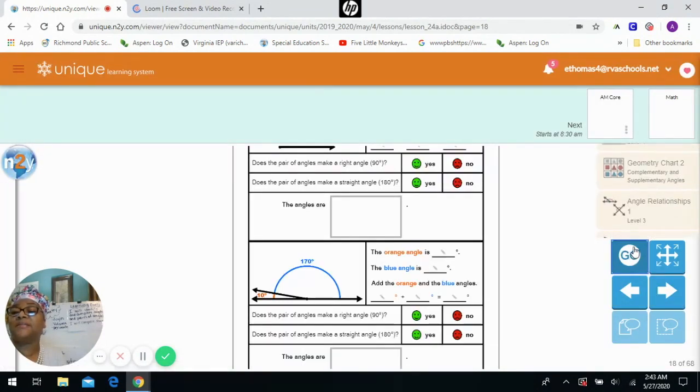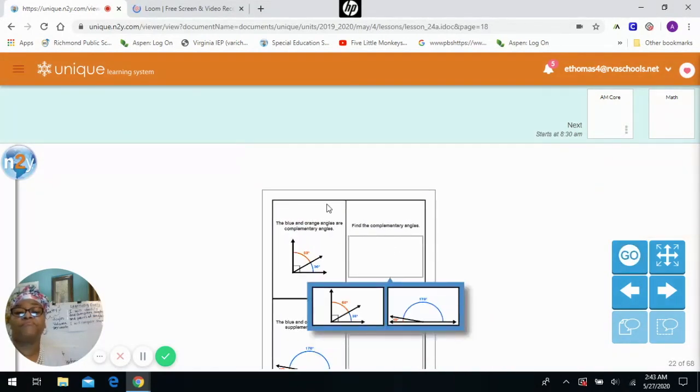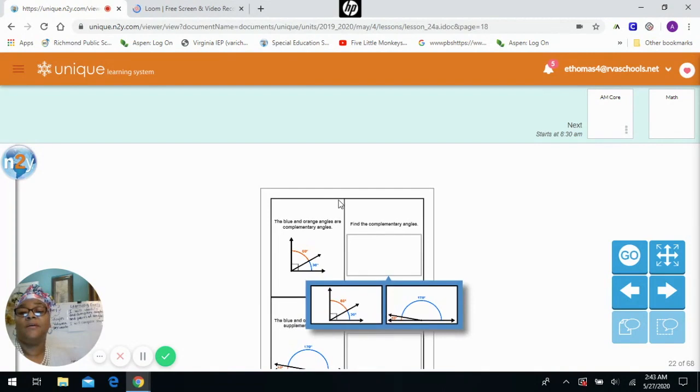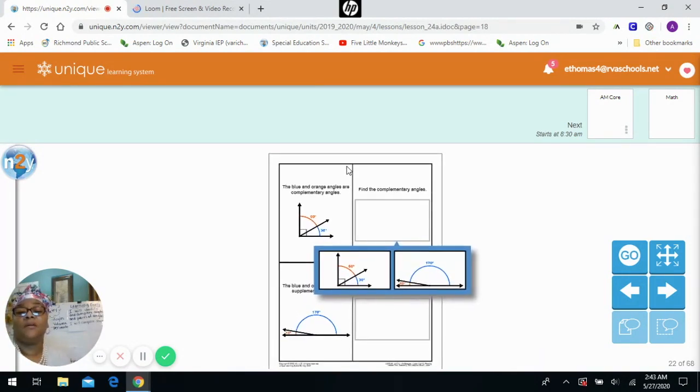All righty, let's get those done. The blue and orange angles are complementary angles.